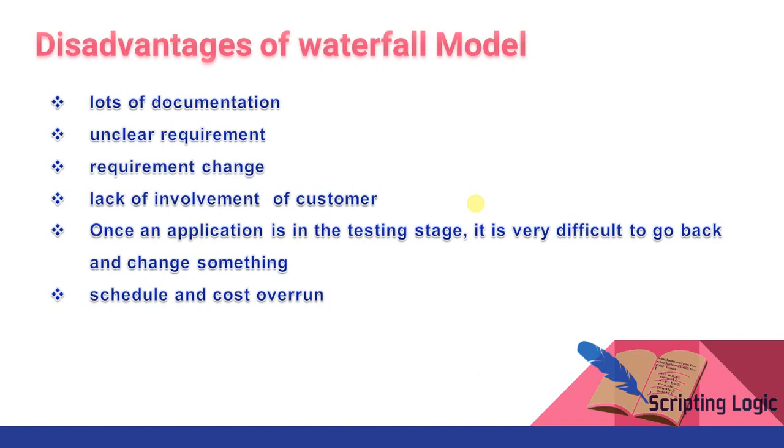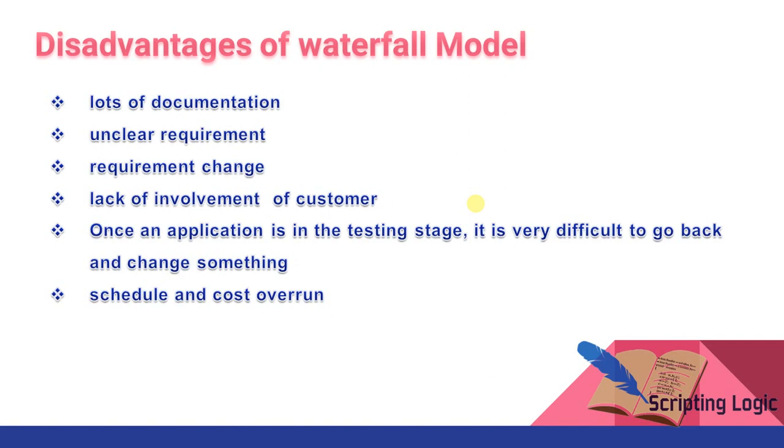And if suppose the requirements are unclear from the customer, because many times what happens is that customer is a non-technical person, he himself doesn't know in initial phase what he needs actually. So because of these unclear requirements, there is a possibility that some wrong design may happen and wrong coding may happen, and ultimately wrong product may be delivered, right?